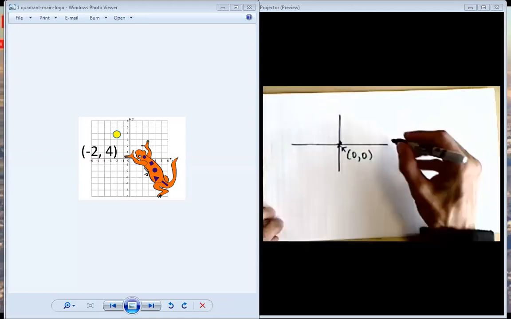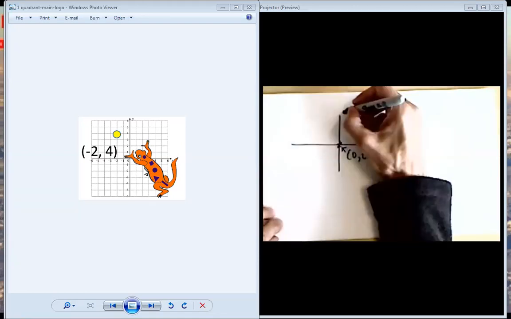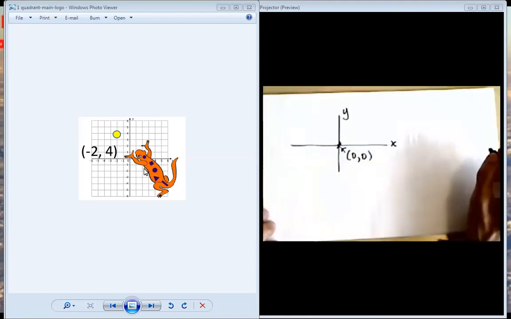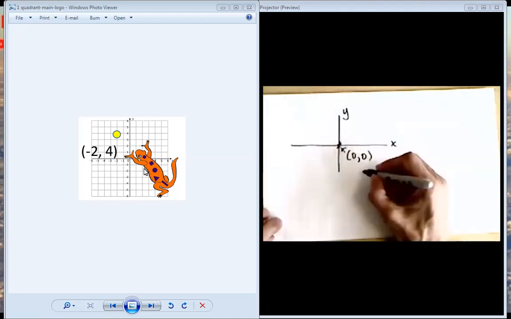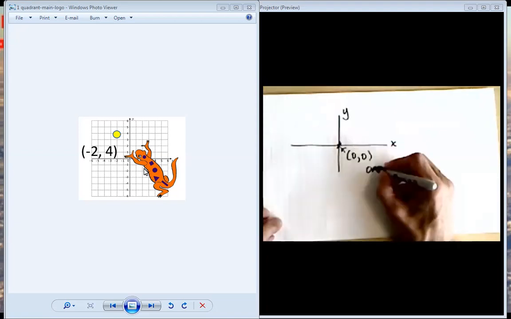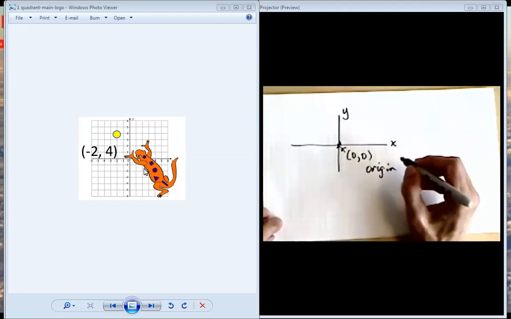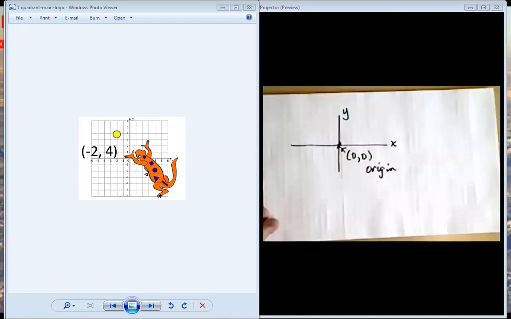That's where the x and the y-axis cross with one another, okay? So we're going to pretend that's where the salamander is. The name given to that location is the origin.